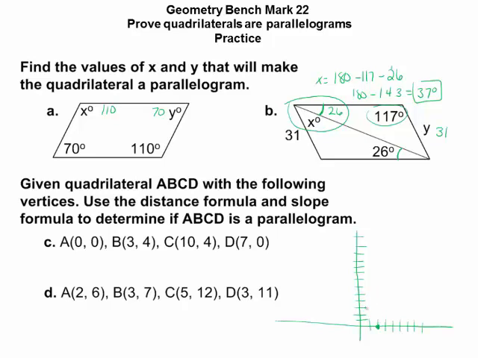Oops, 1, 2, 3, 4, 5, 6. I don't know why I put a dot down here. Ignore this one. A 3, 7. So that's only one up from there. A 5, 12. And a 3, 11.